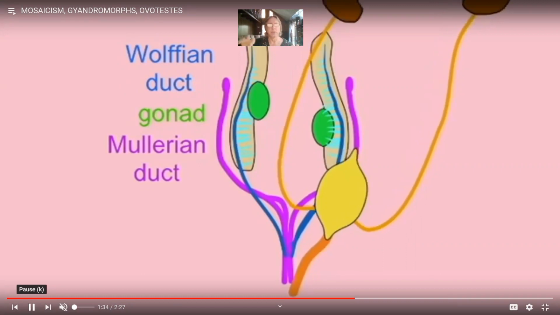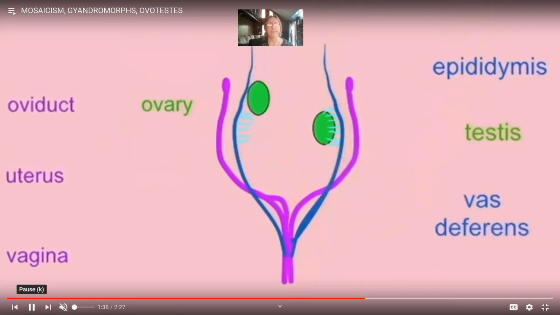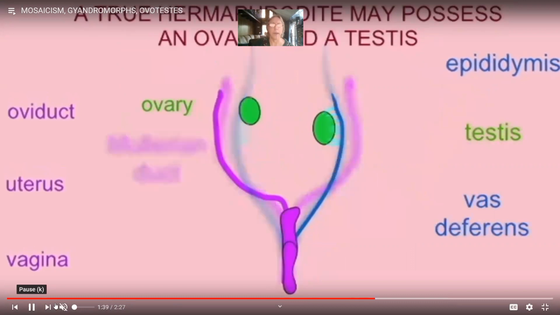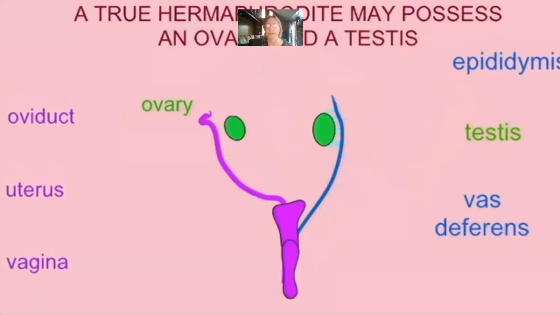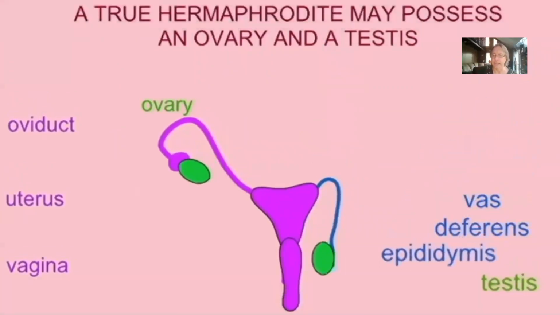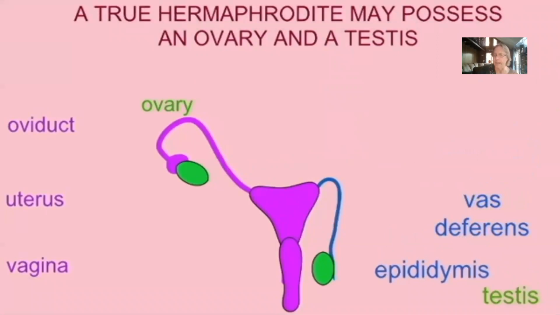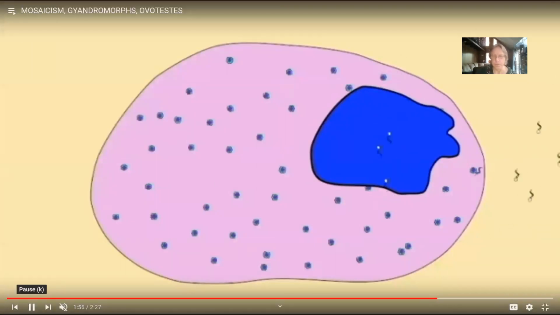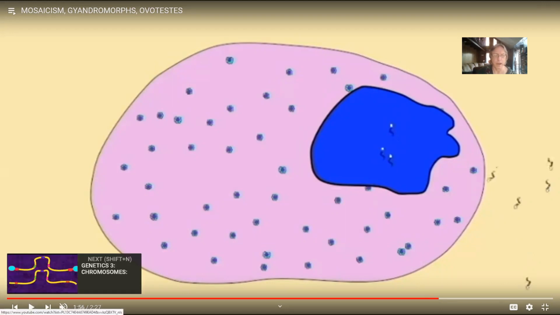But if the cells, which are now different, help to form testes and ovaries, now you could actually have an ovary and a testis in the same individual. The ovary developed from the X cells, the testis from the XY or XYY cells. You could actually then have an ovotestis, where one single gonad would have both ovarian and testicular cells with different chromosome counts.